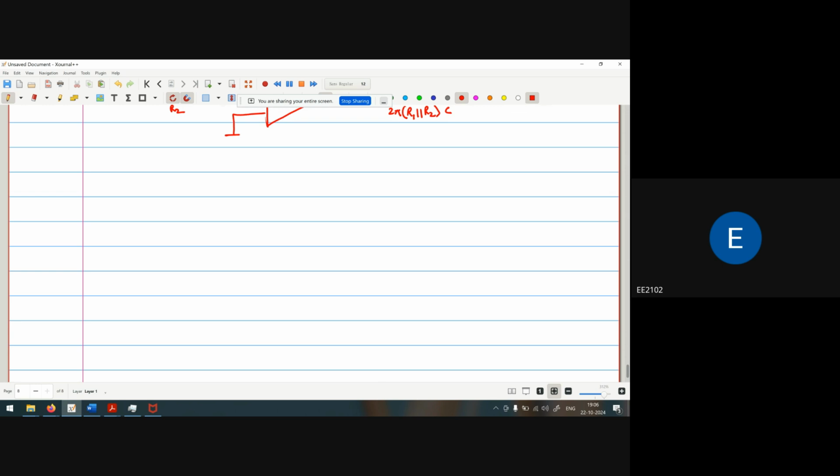Again, it is a reminder that your quiz one is a subjective paper, pen and paper. You have to solve the questions on a sheet, and after that you have to scan it and submit it. There is no computer-based exam. It is pen and paper.